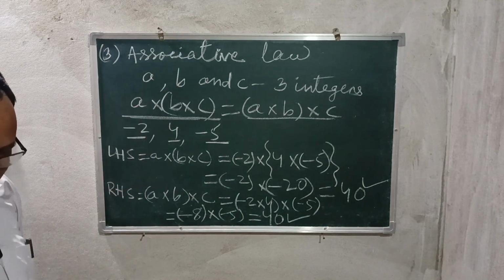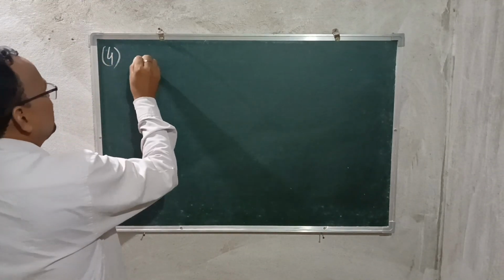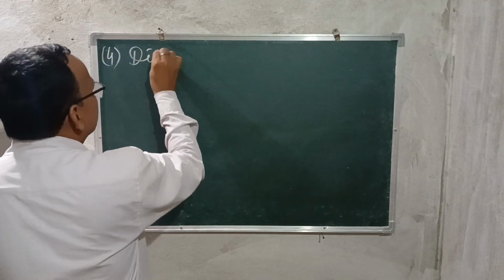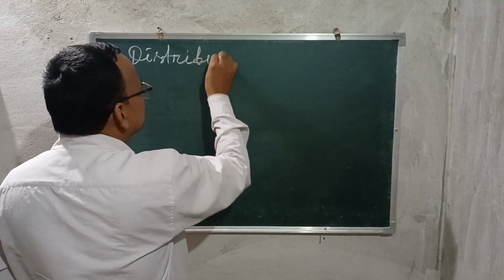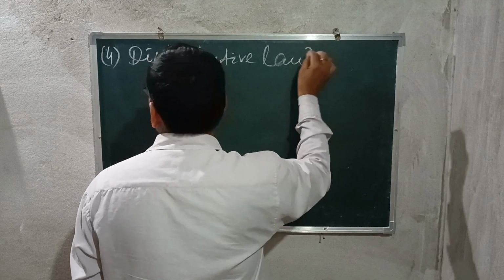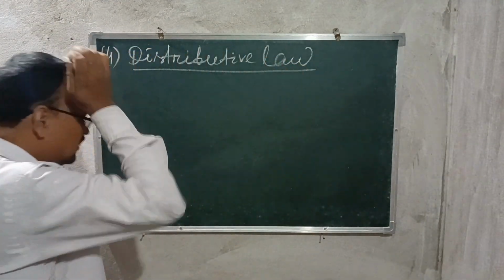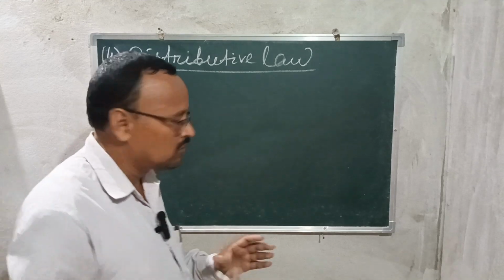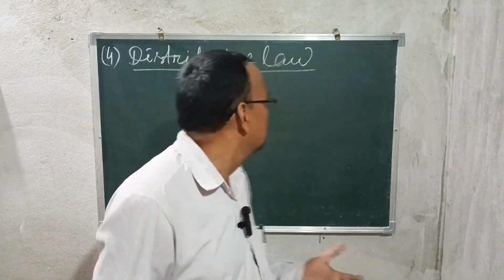Then rule number 4, distributive law. What is distributive law? This law is based upon both addition and multiplication.